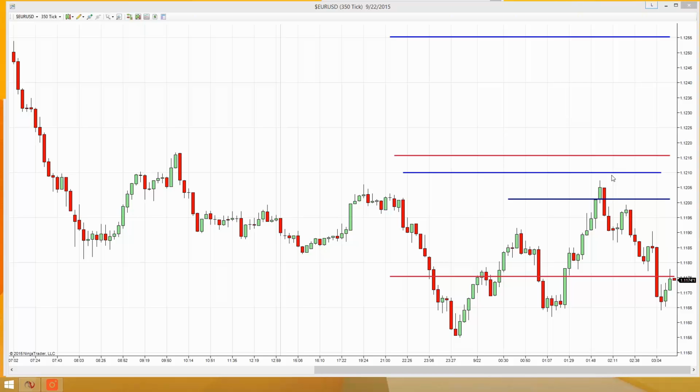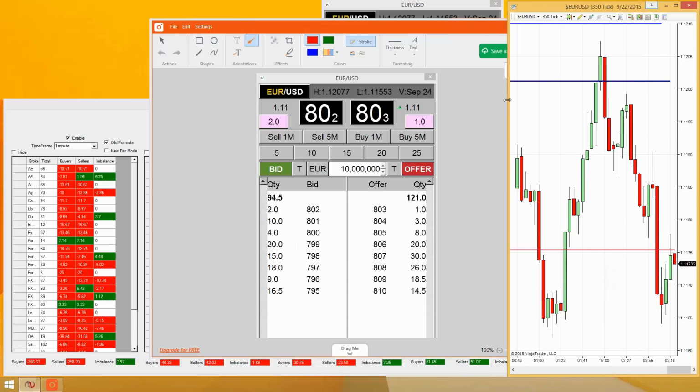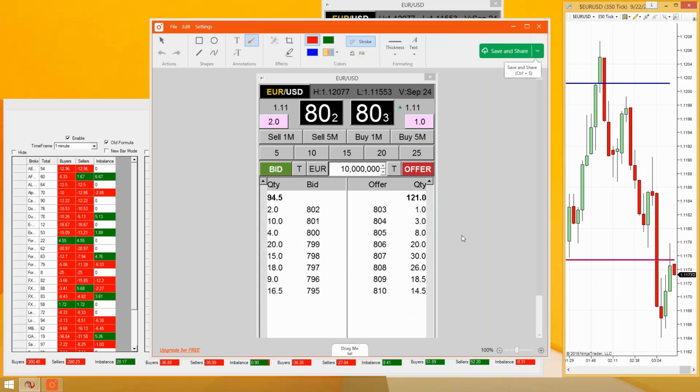Most times when I see the price go against me by 5 pips, I know I was wrong, because many things could play out when you see bids and offers. A market maker could show you a $10 million trade here.